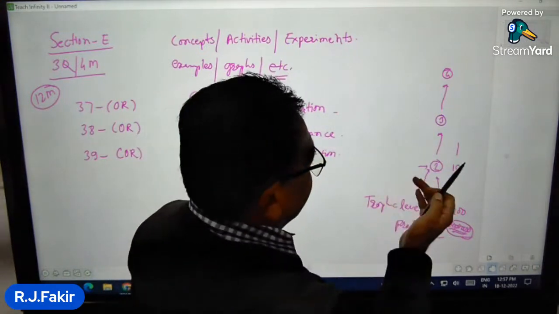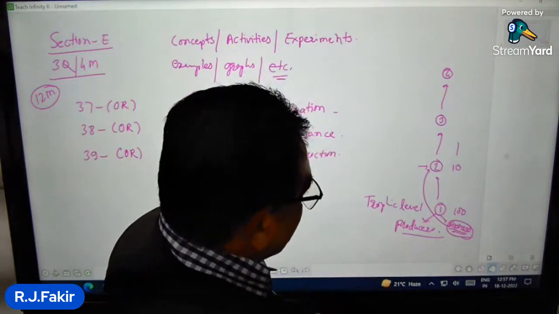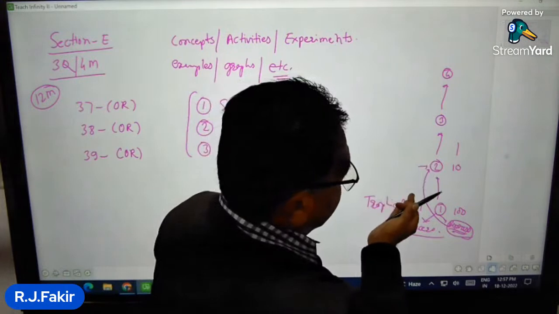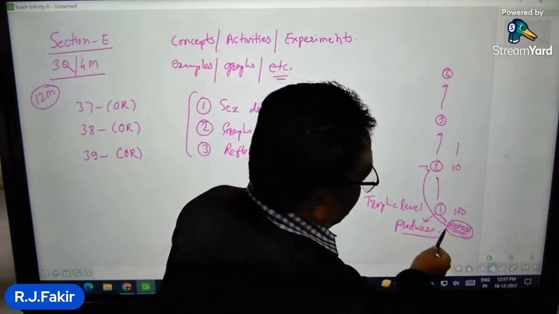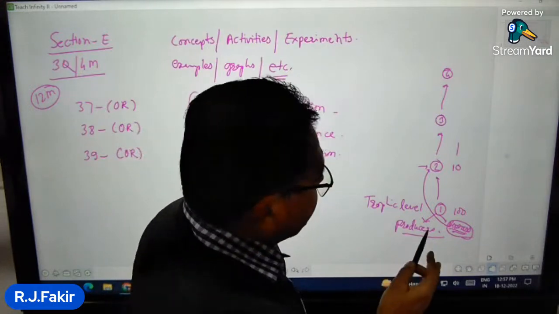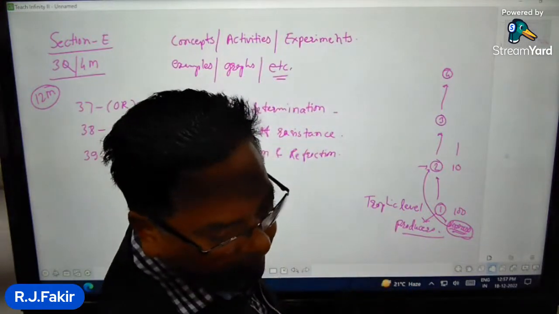Now as we go higher in a food chain, what we observe is the energy is reducing, but the concentration of these harmful chemicals is increasing. This is exactly known as biomagnification.